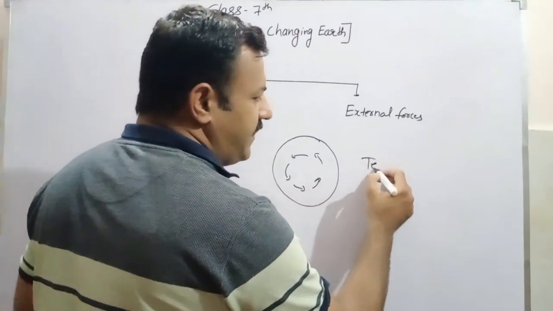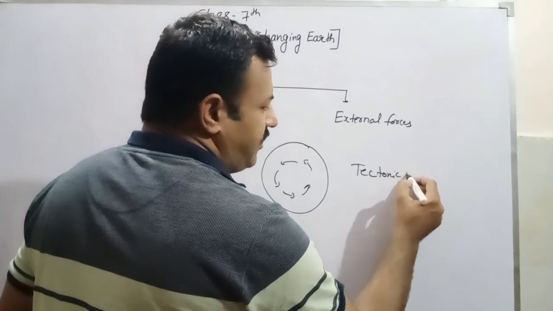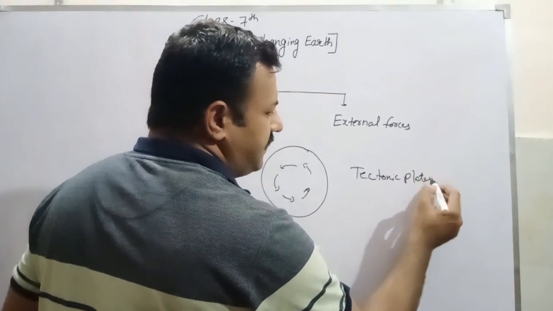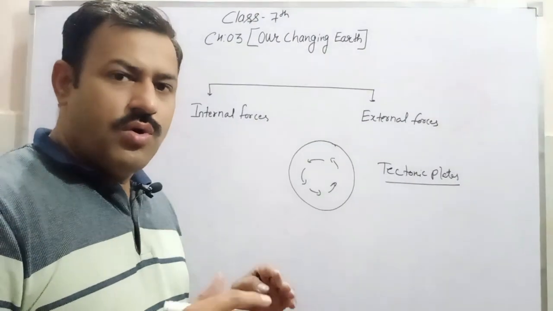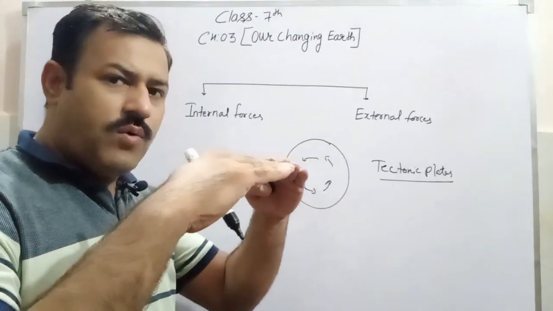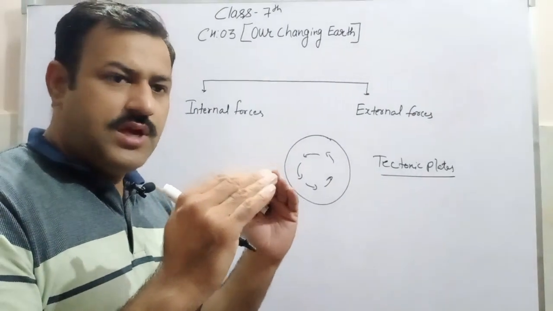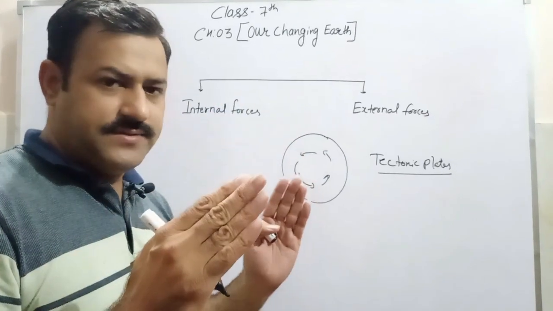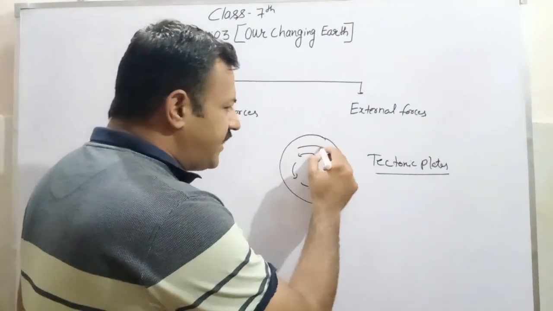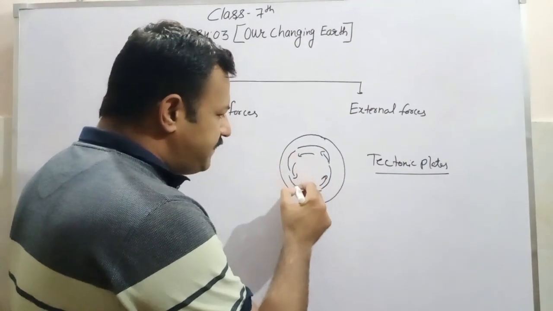Do you know the tectonic plates? Tectonic plates, these are the rocky plates which are floating over this magma, and our earth crust, our lithosphere, is sitting on that. It is fixed on that. So there are lots of tectonic plates which are floating on this magma.